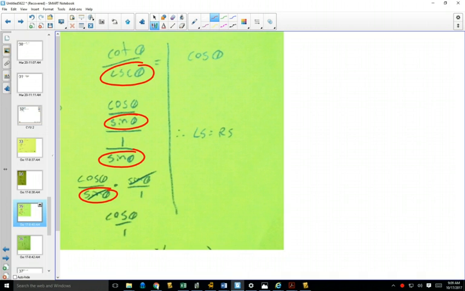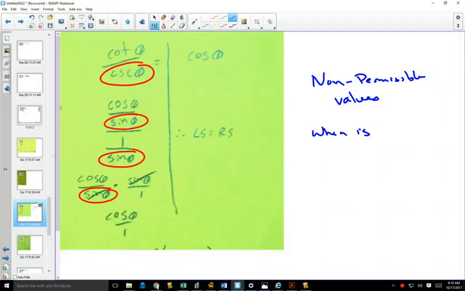When we look at all of these things, notice that 3 of them are sine theta. The one here that's cosecant theta actually never equals 0, so we don't have to worry about that one. But for the fact that we're dividing by sine of theta, for our non-permissible values we have to figure out when sine theta equals 0.